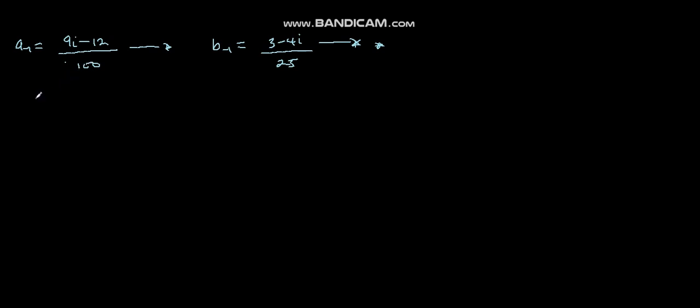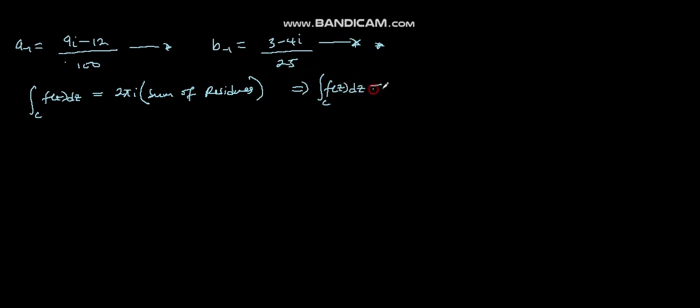residue calculation, which says the integral over the curve C of f of z dz is equal to 2 pi i into the sum of residues, and these are residues. So this is apparently going to be the integral of f of z dz equal to 2 pi i into a minus 1 plus b minus 1.